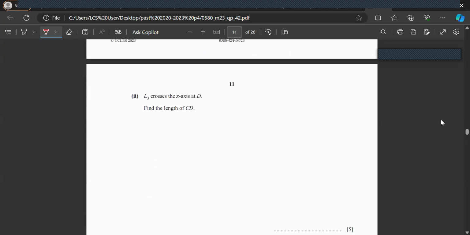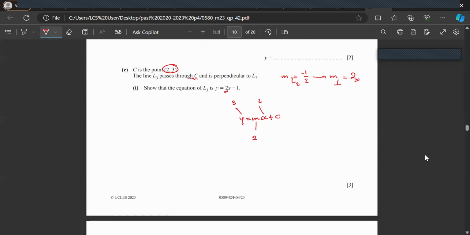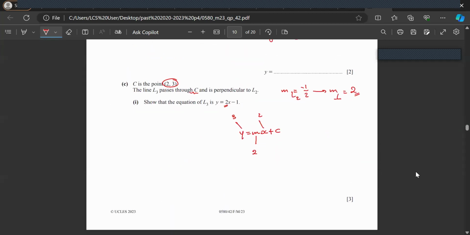Now, L3, yes. Is there a problem here? Wait. Raise your voice please. Why is the y-intercept 4? I mean c. Why is c equal to 4 in the equation?